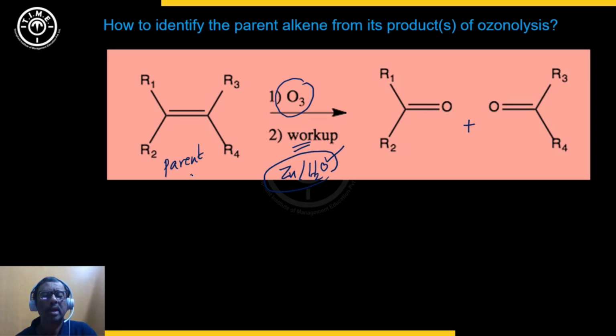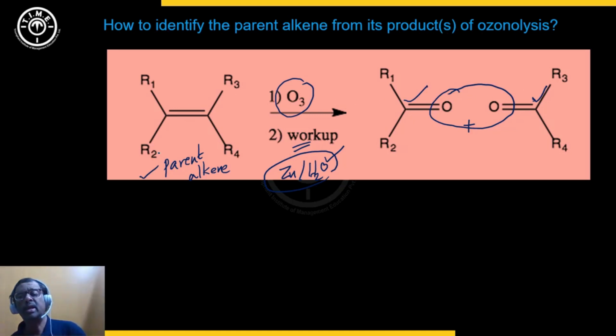So how to get the parent alkene from the products that you have got? We have got two products which are carbonyl compounds. In fact, they are ketones. Now look at the starting material and the products. If I remove the two oxygens from here and attach the two carbons with a multiple bond, that is a double bond, am I not getting the parent alkene? So how to get the parent alkene?